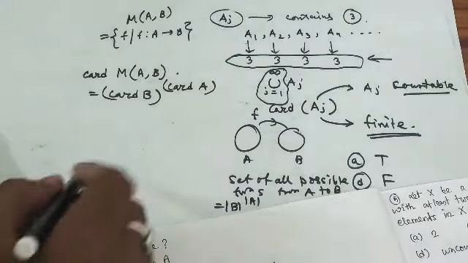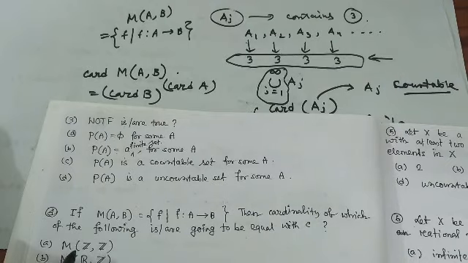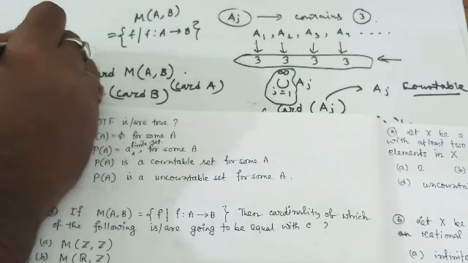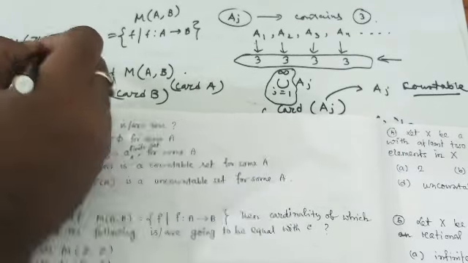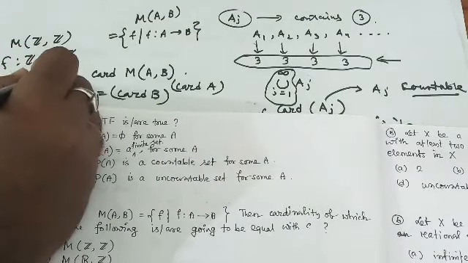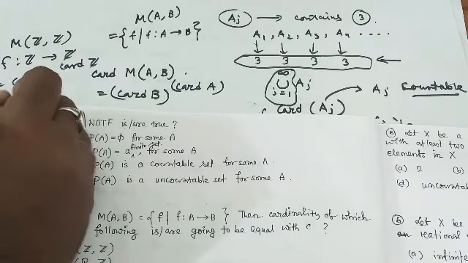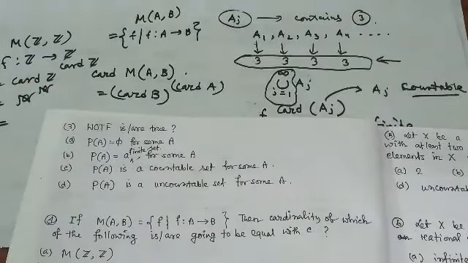So just use this concept and you will get the solution. The first option is M(Z,Z), that is f from Z to Z. How many possible functions are there? Obviously the cardinality of Z to the power cardinality of Z. The cardinality of Z, you know, is aleph naught, and it is to the power aleph naught, so what will it be, aleph naught to the power aleph naught. Just go to the previous video and let me know in the comment section what your answer will be.